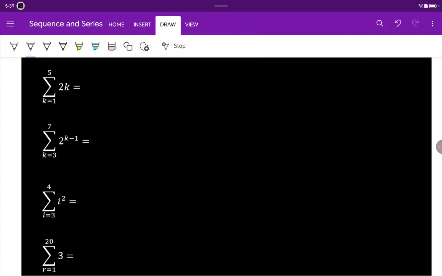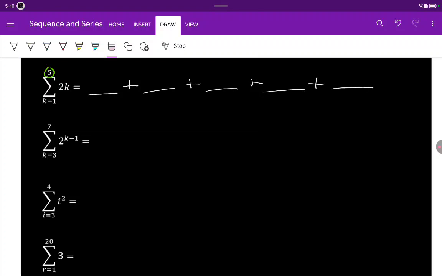Now, what does this mean? Let's start with this number 5 on the top. The number 5 tells me that we are going to stop at 5. Let's go ahead and do place values, okay? So we're going to say 1, 2, 3, 4, 5.